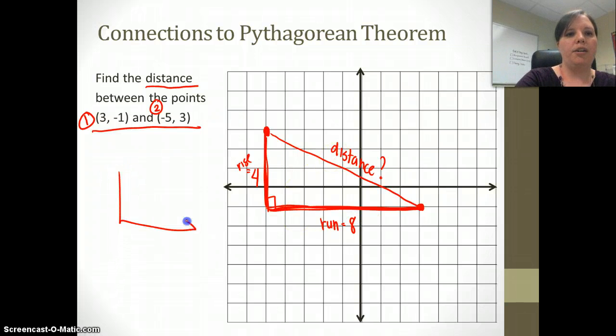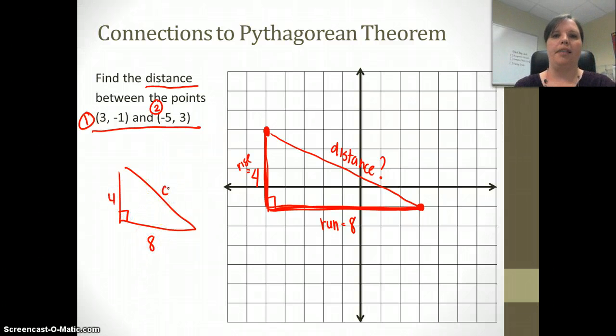It's like I have a triangle that is 4 on one side, 8 on the other, and I'm trying to find the hypotenuse. So the distance formula, I will give you in a second here, but again, finding the distance between 2 points, it's a lot easier to think of it as, okay, I'm just going to visually do the Pythagorean theorem. Of course, you do have to be strategic about it and use your grid lines to help you out as far as making that right triangle in there.